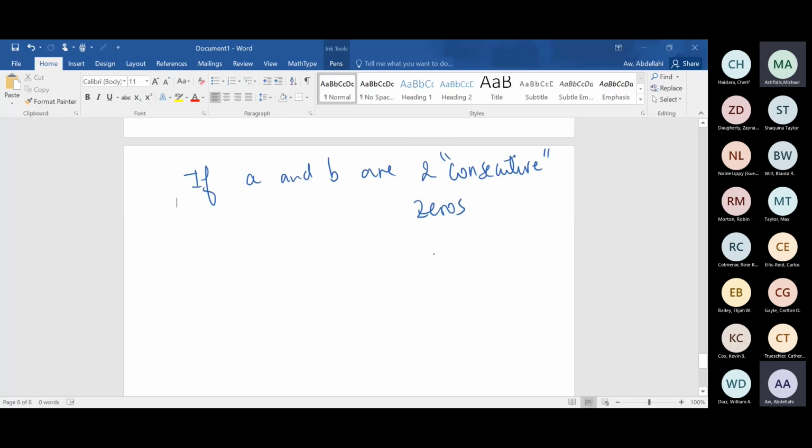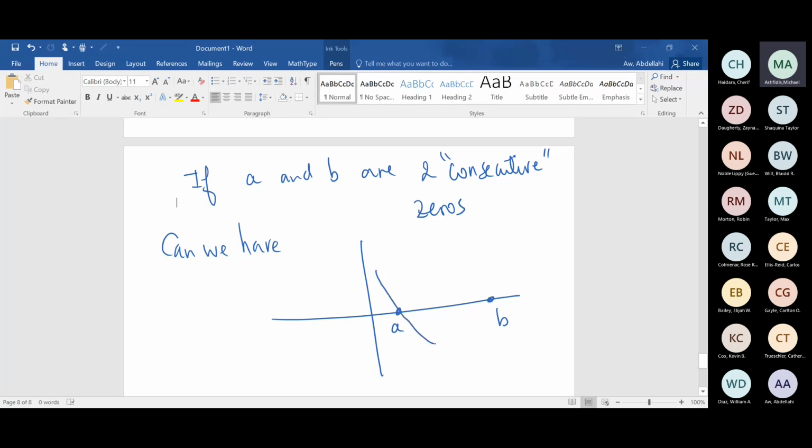If A and B are 2 consecutive zeros, can we have this, for instance? Can we have this? No. You could, it's good. Okay, let's say this is happening now.